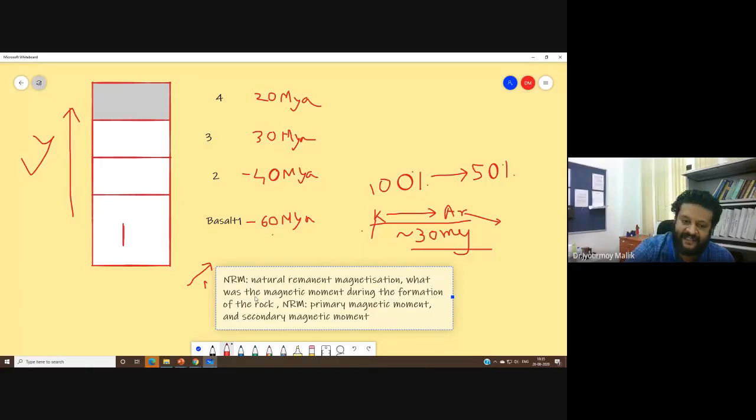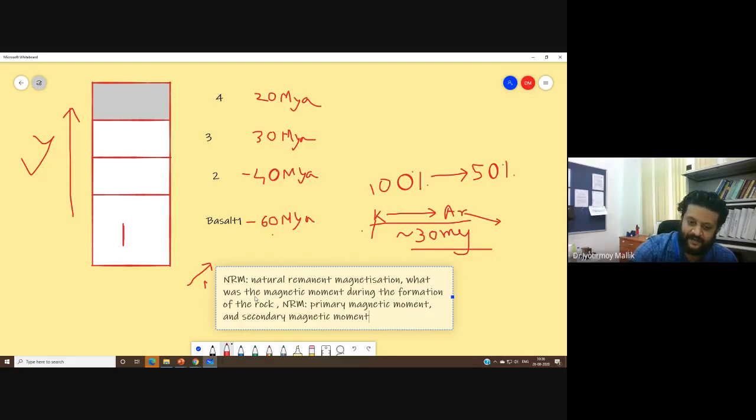Okay, and then the rock was there for say 60 million years till today. So the earth's magnetic field has kept on changing, and there was a superimposition of induced magnetic field on the primary magnetic moment. Okay?